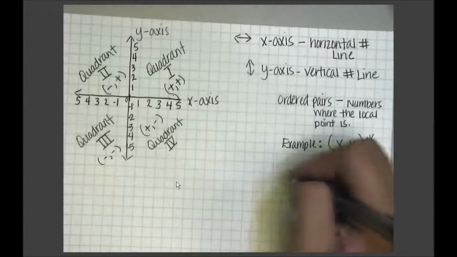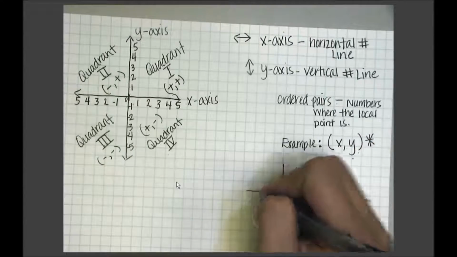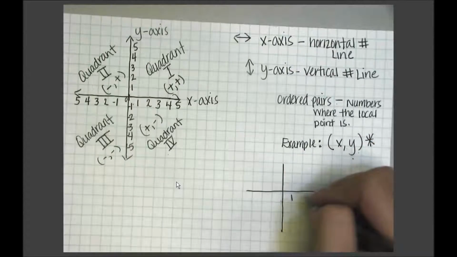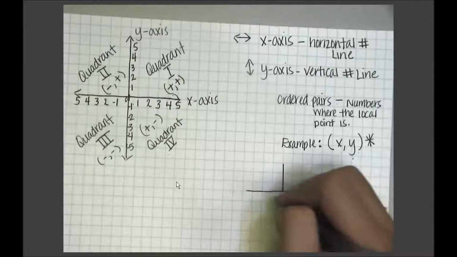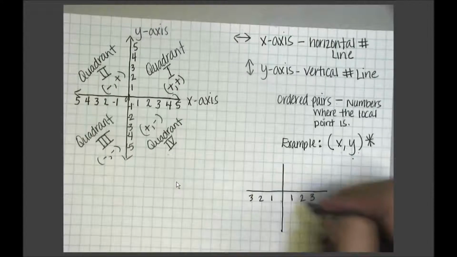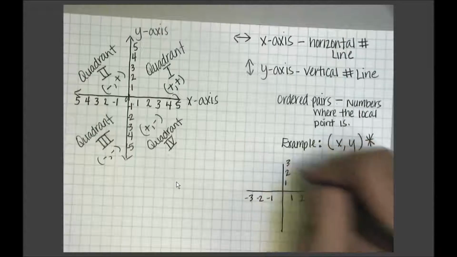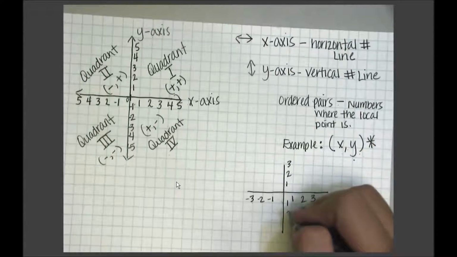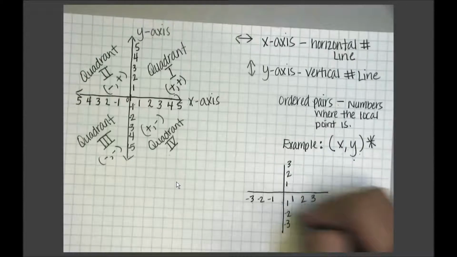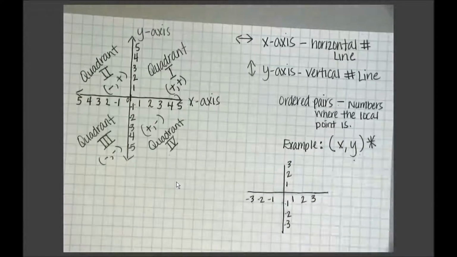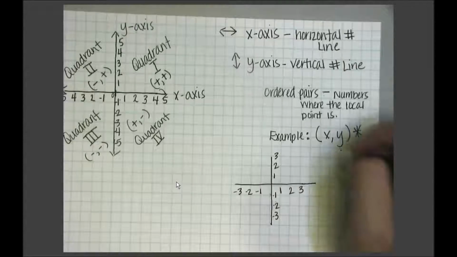Okay, so I'm going to draw a small graph quickly. Okay, there's my small graph. I'm going to put some ordered pairs here.